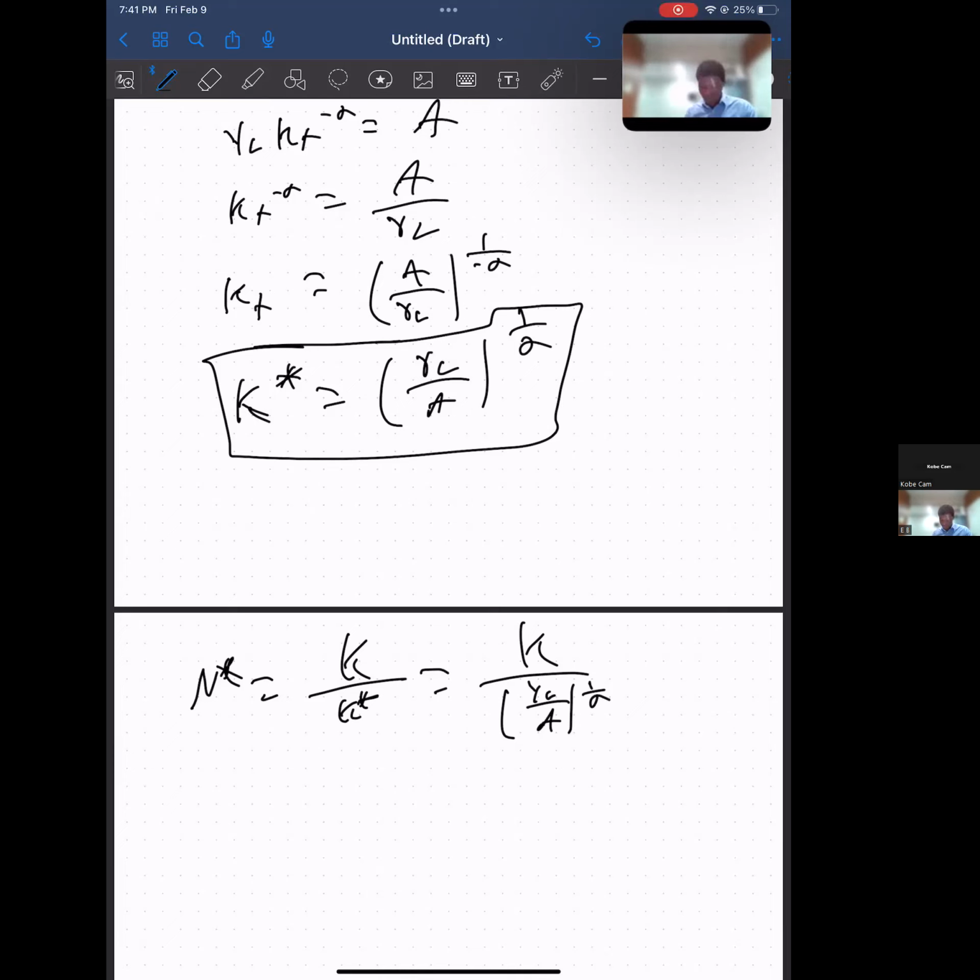And so really, you can make this a little easier on yourself, and you could just say it's the same thing as big K times A over Y_L, which is also the same thing as just this.